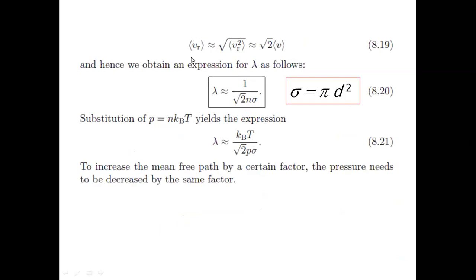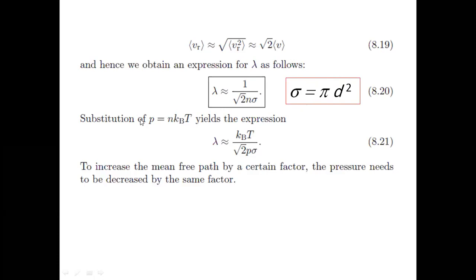How? This v relative is approximately the square root of v relative squared, which equals square root of 2 times v. Hence we obtain an expression for lambda as follows: lambda is approximately 1 over the square root of 2 N sigma, where sigma is the cross section of the cylinder and equals pi d squared.